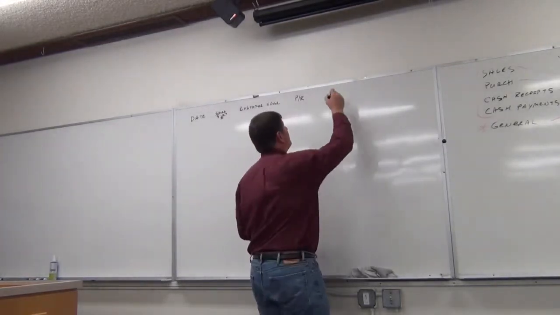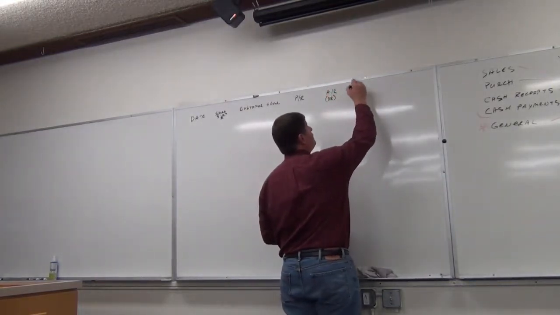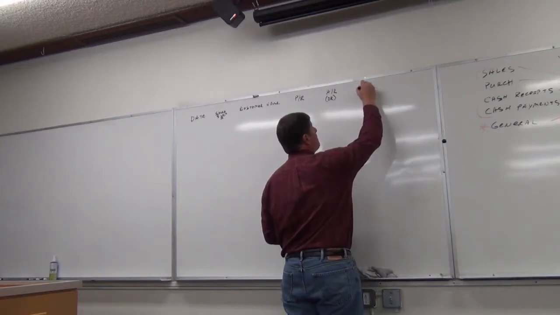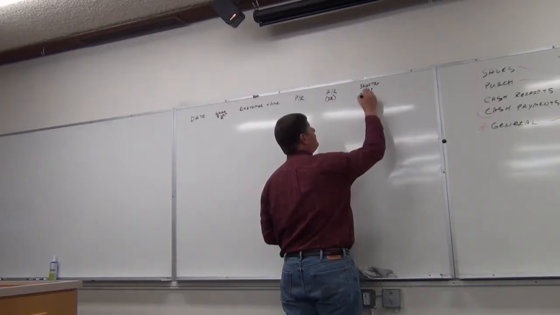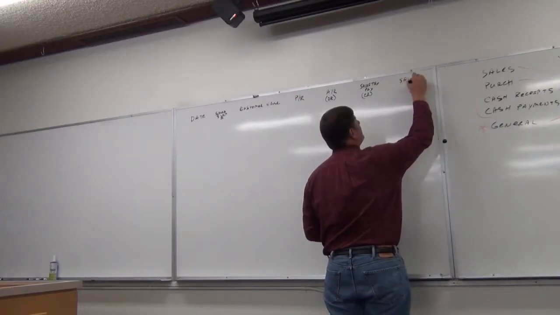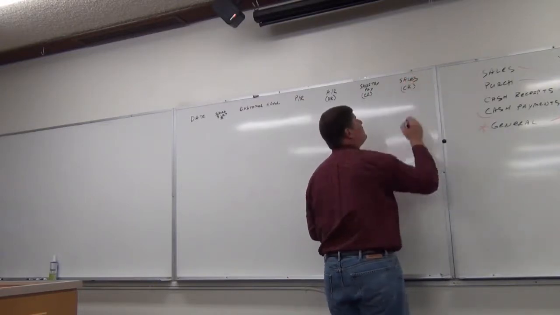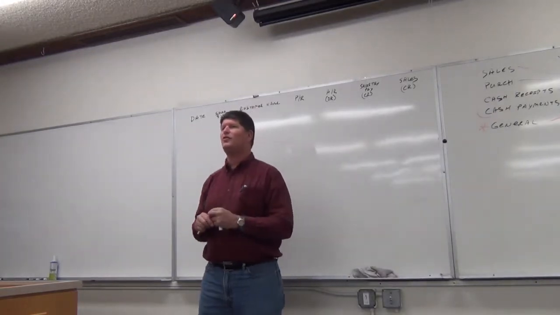Account receivable. Account receivable is a debit. Okay? Next. Sales tax payable. Credit. And sales credit. Good? Okay.